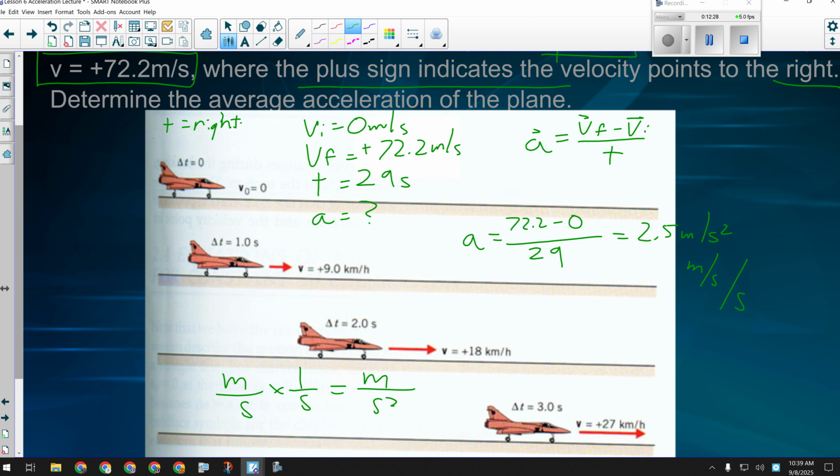All right, so it's telling me that this plane, on average, goes 2.5 meters per second faster every second. Is that fast? Probably doesn't seem like that big a number, but you would feel that. If you were on the plane, you would feel pushed back into your seat.